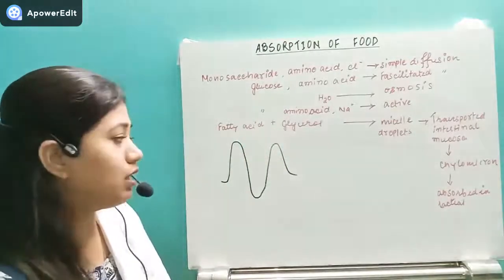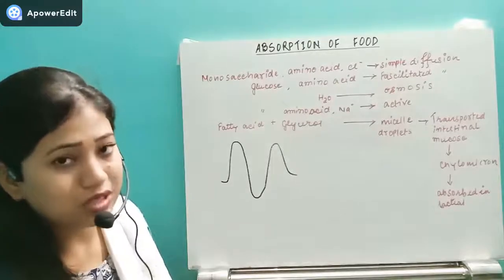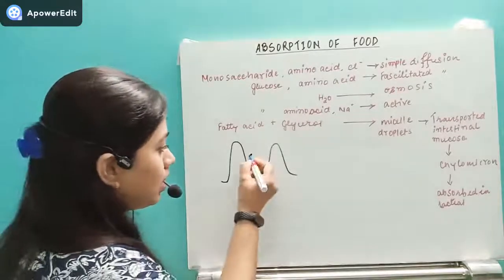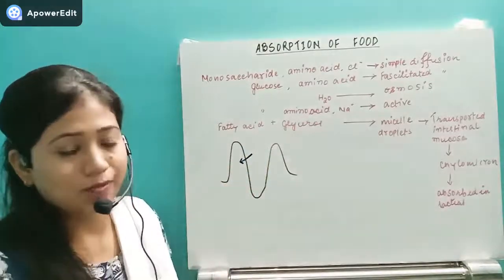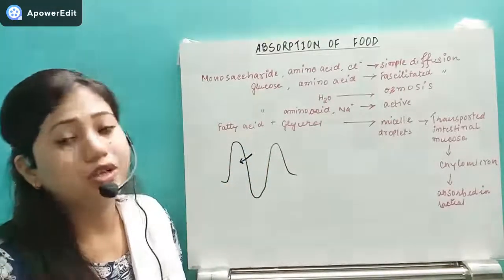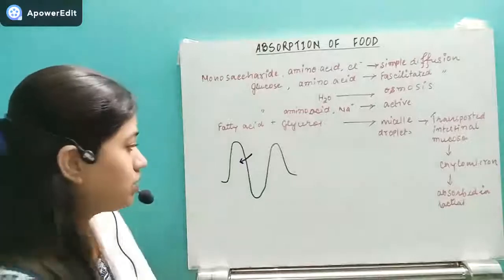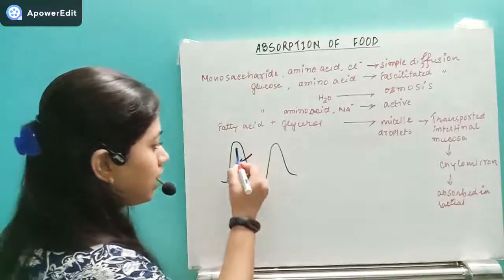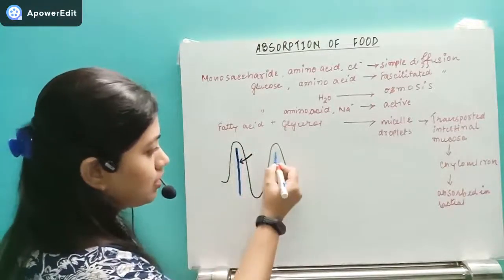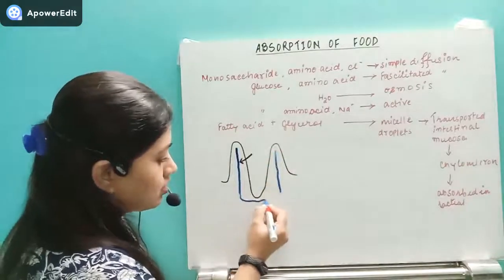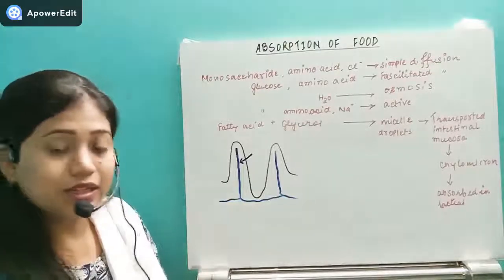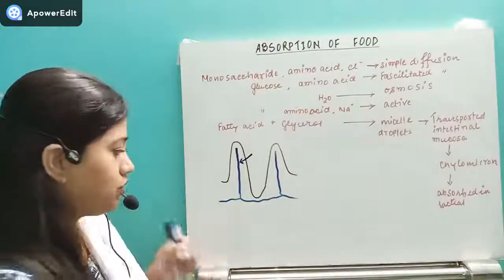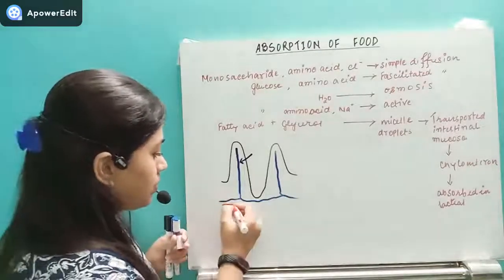First of all, the cell membrane has to take the food particle inside the brush bordered epithelial layer of the intestine. Then after that it will enter into the lacteals. So these are the lacteals, and these lacteals are nothing but the lymphatic vessels, and along with that it will also have the blood vessels with it.